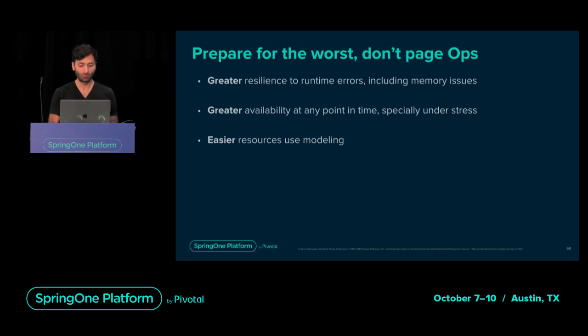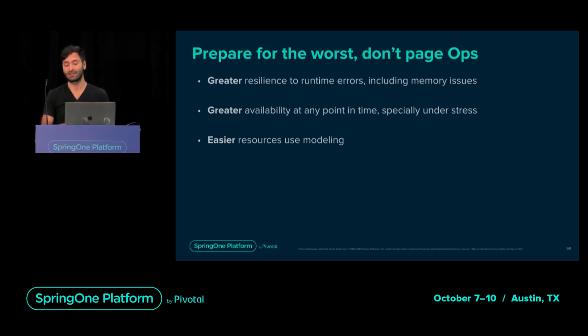With reactive programming, what we have already seen is a better prediction of memory consumption and resources used, because it will use fewer resources. But also, there is an interesting aspect of Netty. When there is an error, the error tends to be isolated to a given connection.